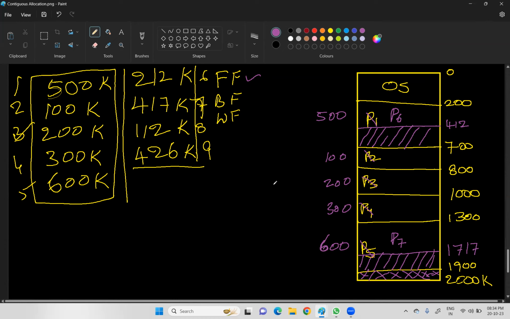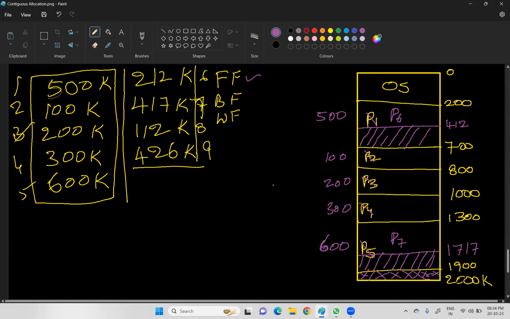Process P5 has taken 600, but right now P7 was allocated. This particular block is divided into two partitions. One partition is internal fragmentation, and the second one is occupied by process P7.